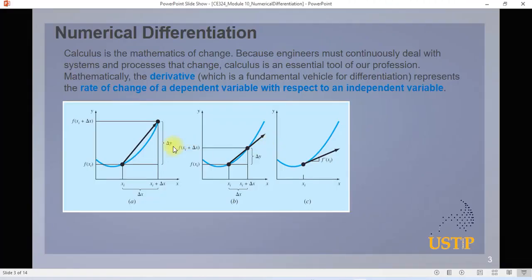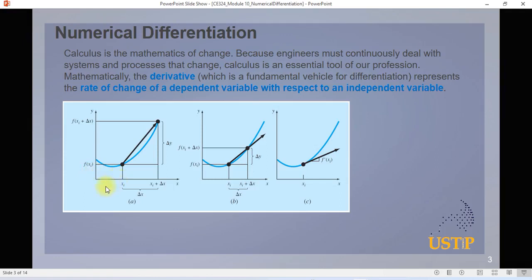Okay, so let's continue. In the first illustration, if you're going to observe, our point of interest is xi, and this is the approximation of the derivative of f of x at xi, right?